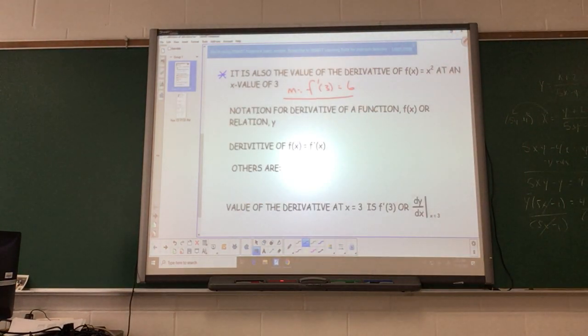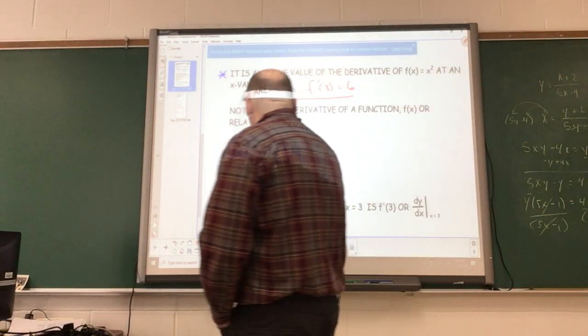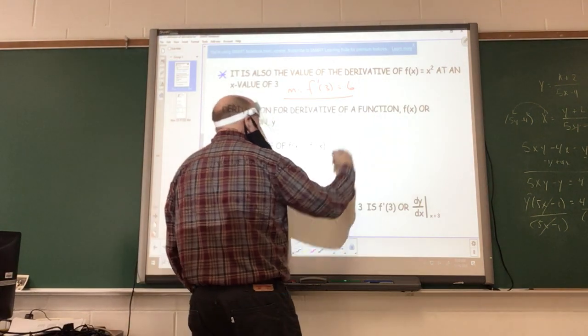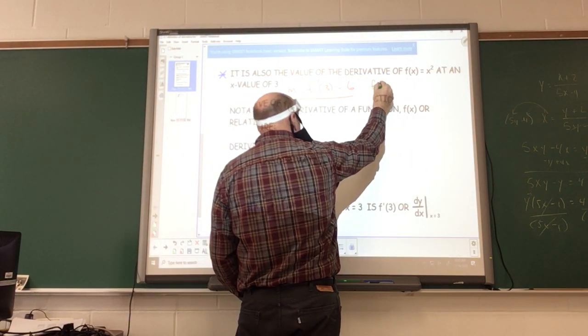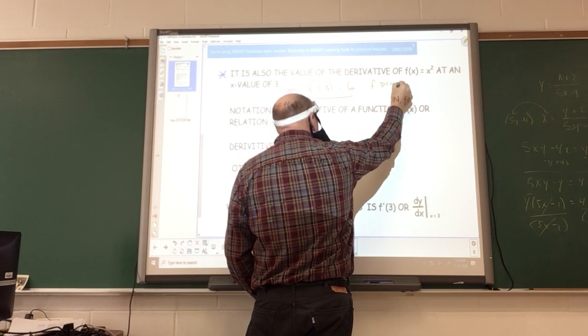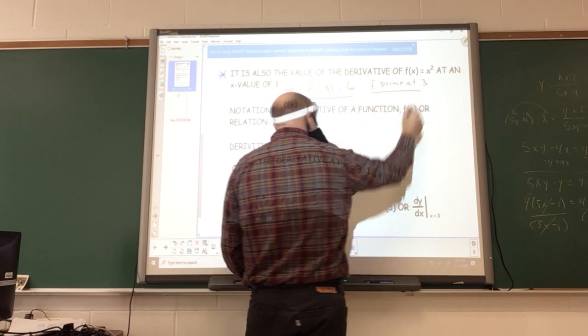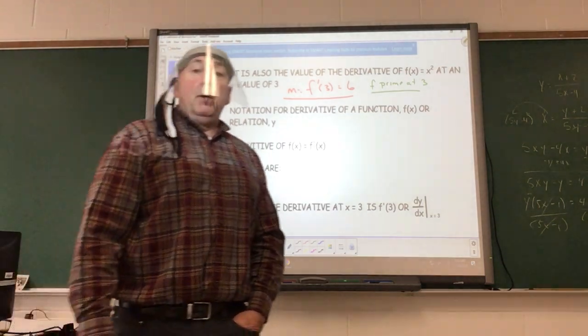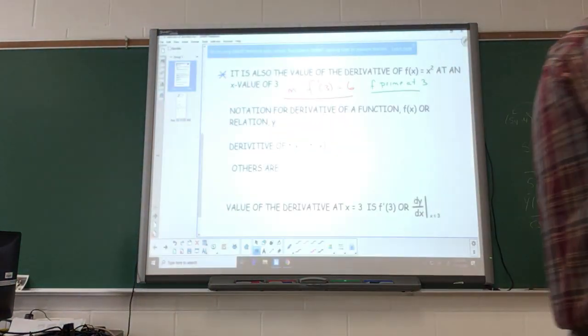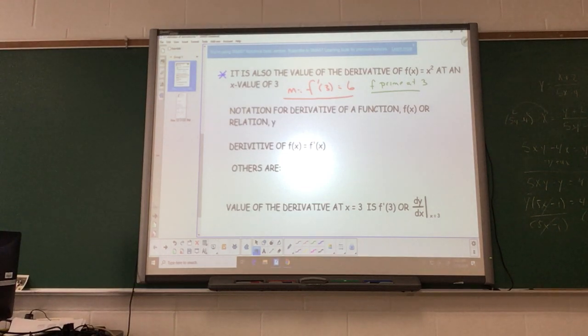The value of our derivative at 3, f prime at 3, was a value of 6, which is the slope of our tangent line. So whenever you see the little prime in there, that means we're dealing with the derivative. Another way of writing that would be f prime at 3. A little prime mark up there.